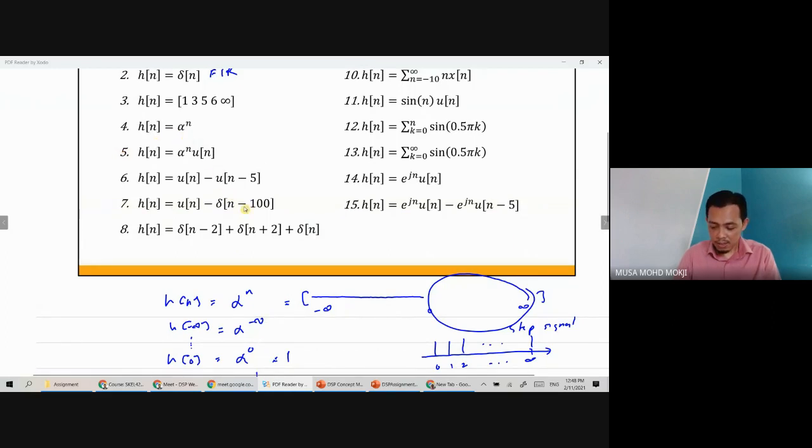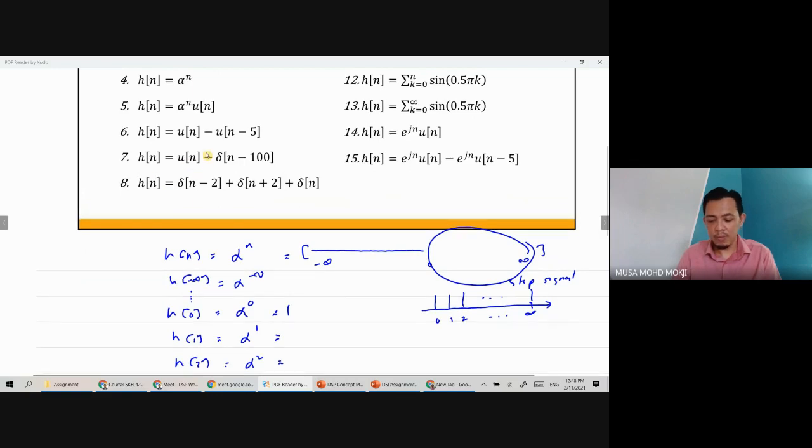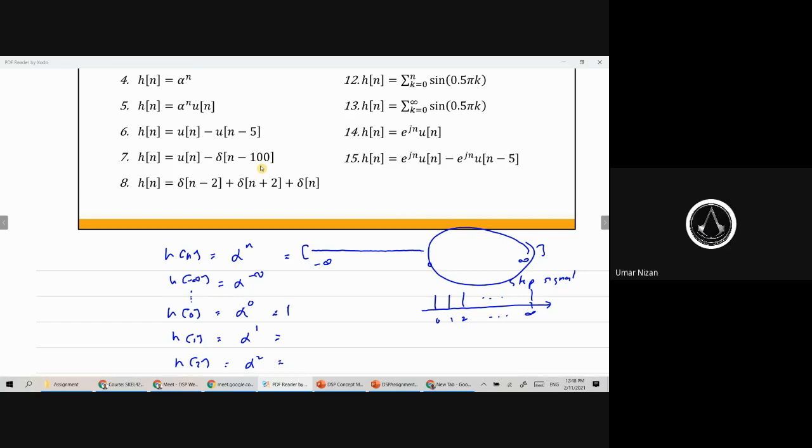And then let's see. Okay, last one. We look at just another one, number 7. So what do you think? Un minus delta n minus 100. Is it FIR or IIR? I would think it's an IIR.